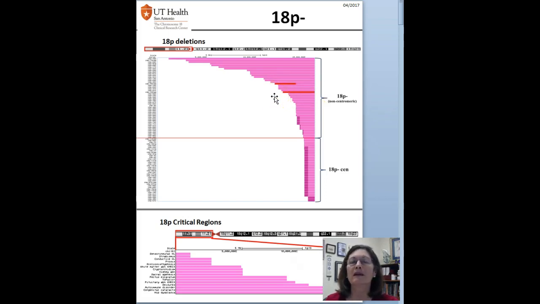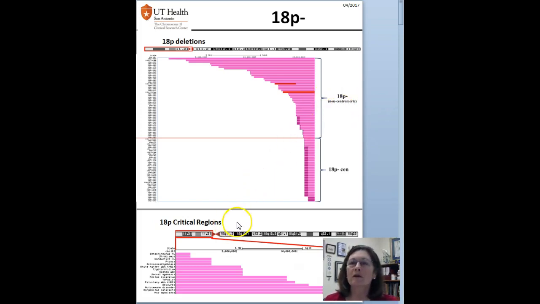So they're going to have even more unique problems from the rest of the group. You'll see lots of diagrams laid out like this from us. But you can see that pretty much this gives us two groups of people: the group that has 18p centromere breakpoints and those who have non-centromere breakpoints or smaller deletions.